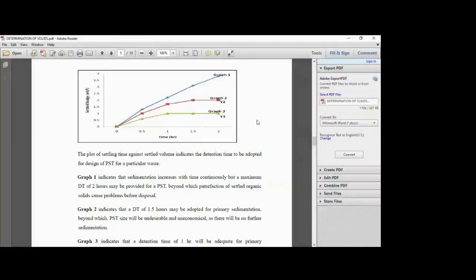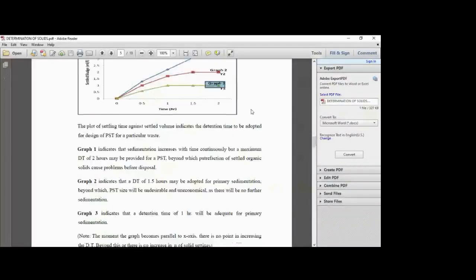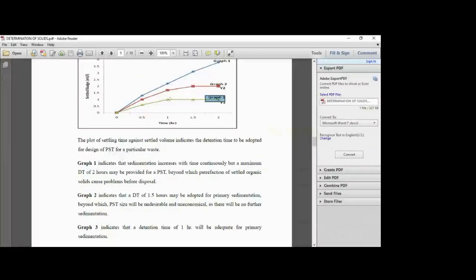And lastly, very important, graph number 3. Graph number 3 indicates that a detention time of 1 hour will be adequate for primary sedimentation, right? Here also you can see that after 1 hour the solids concentration is remaining the same, here it is remaining the same, and here it is remaining the same. So here you can adopt a detention time of 1 hour.